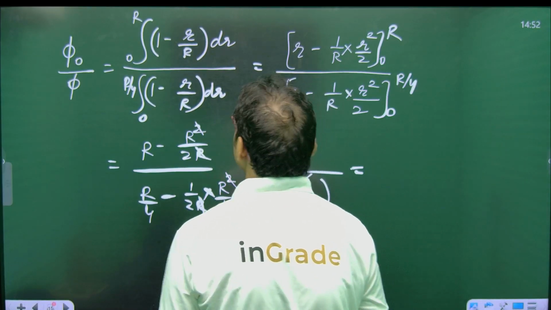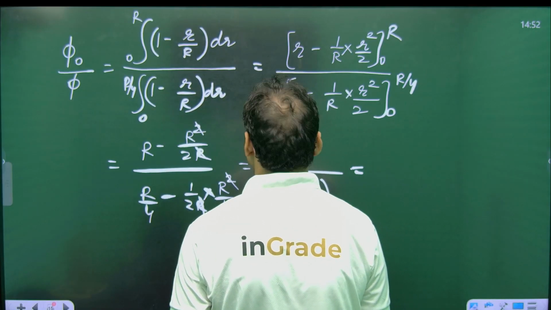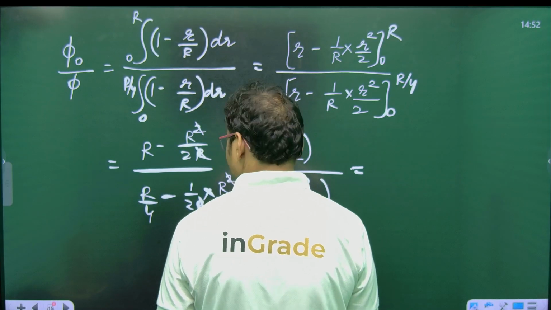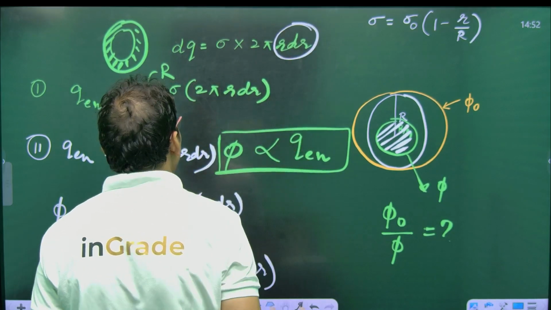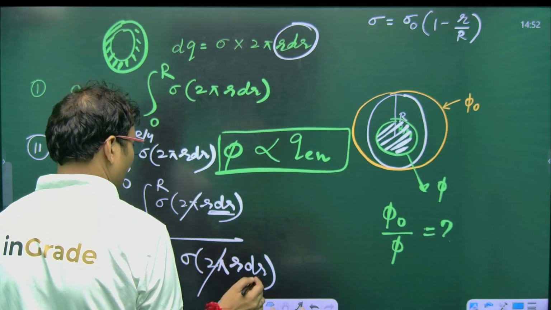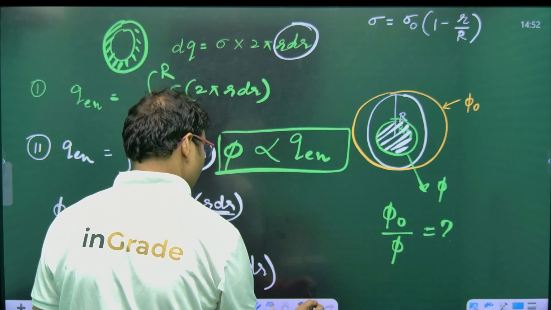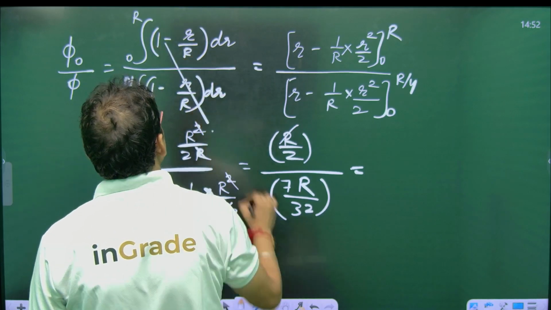We have committed some mistake now. In 2 pi r dr, the mistake is here: it will be r dr. It will be r dr, sigma naught into (1 minus r by R) into r dr. This integration, we have committed the mistake.